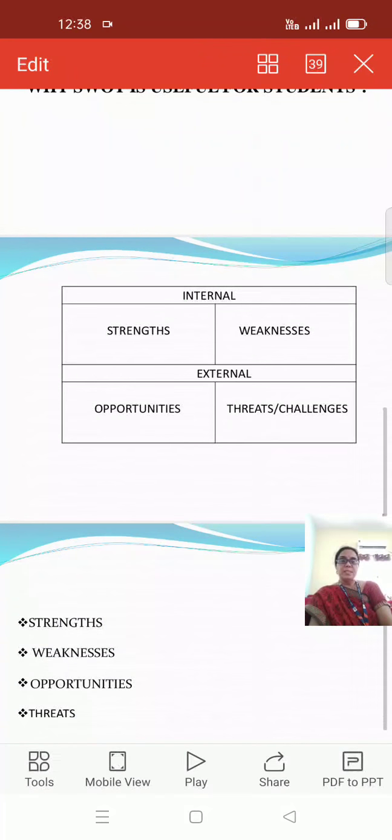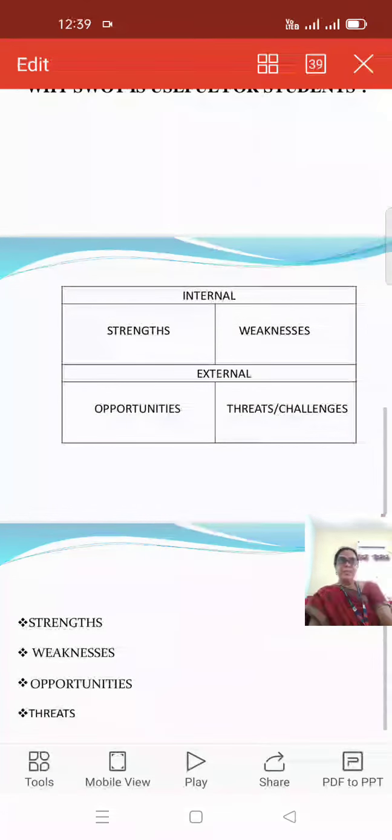Dear students, if you want to make a SWOT chart for yourself and focus on your strengths, then if you are good at communication skills, if you are creative, if you are a multitasker, and if you are knowledgeable, then you can write all these details in the strengths quadrant.